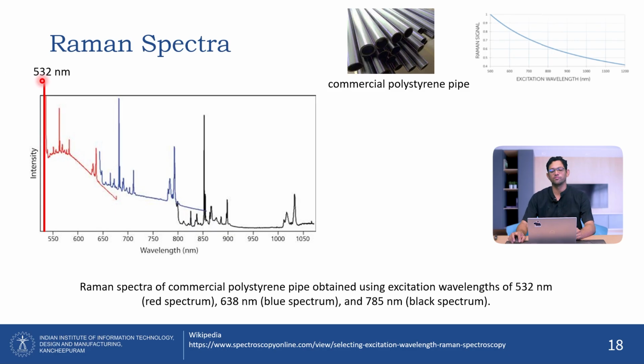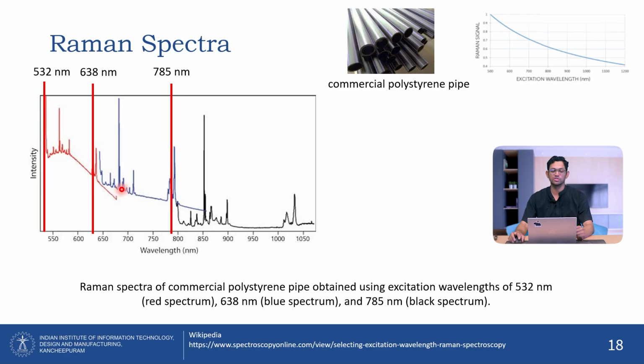When I shine with 532 nanometers, that is green light, I get this particular Raman spectra. When I shine with a red light, 638 nanometers, I get this Raman spectra. Understand that I have removed the Rayleigh scattered light here. Then I shine with 785 nanometers, and I get this particular spectra. Now what is the difference?